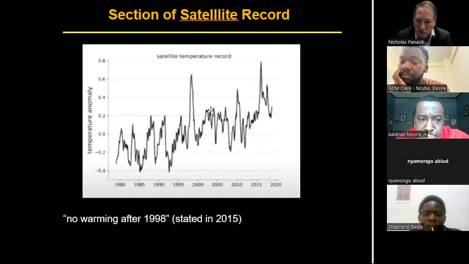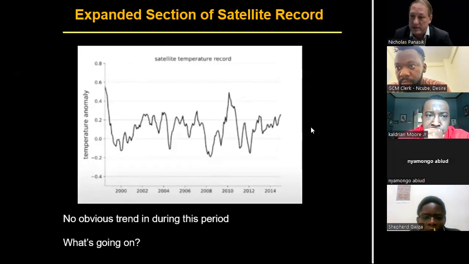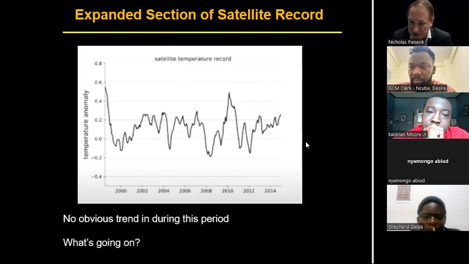So he's talking about this region. And let's blow this up. So this is 1998 to 2015. And if you look at this, I don't think it's unreasonable to say that during this period, I don't see any particular trend. There's variation up and down, but there's not a lot, right?